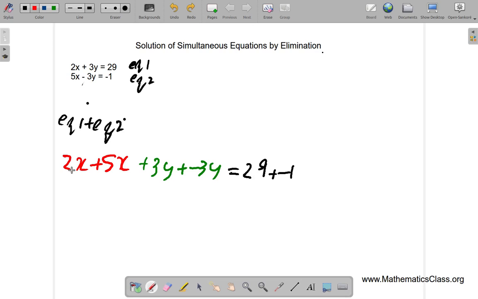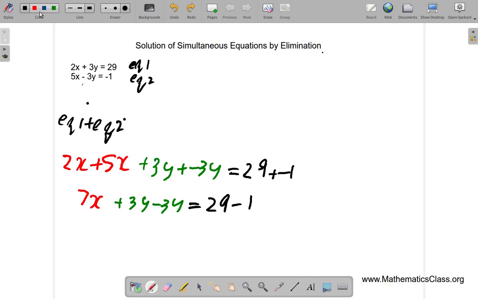So 2x plus 5x gives you 7x, plus 3y plus negative 3y is the same as 3y minus 3y, okay, equals 29 minus 1.